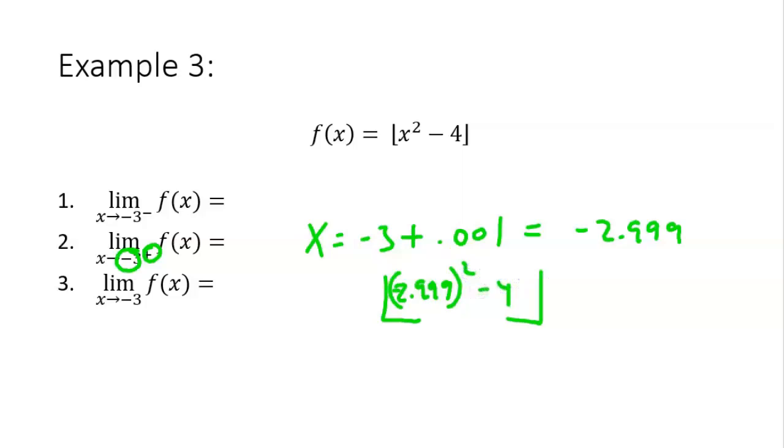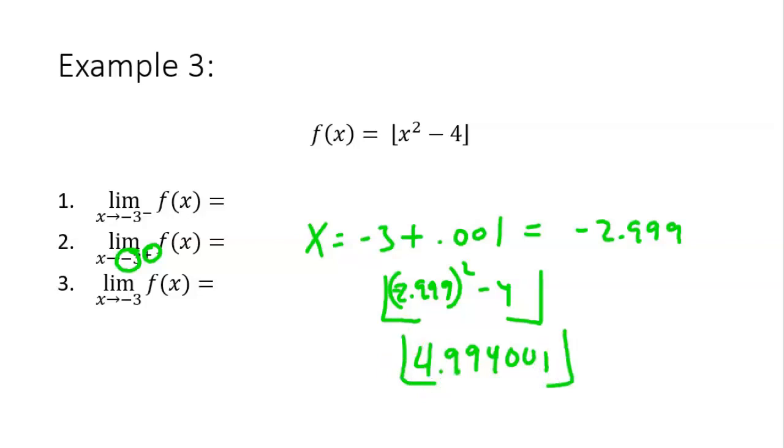And once again, I'm going to use my calculator. And I'm getting 4.994001. And that's a positive one, right?